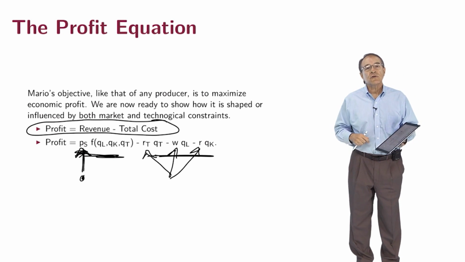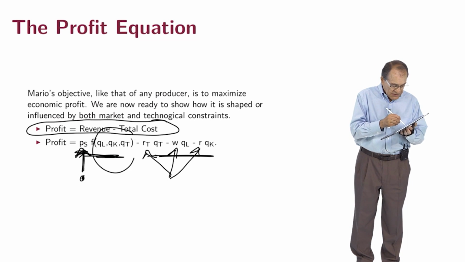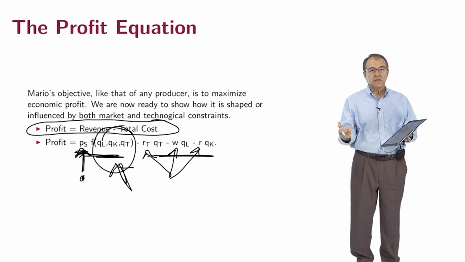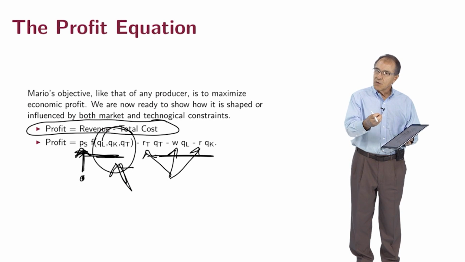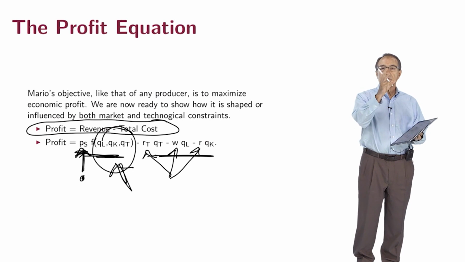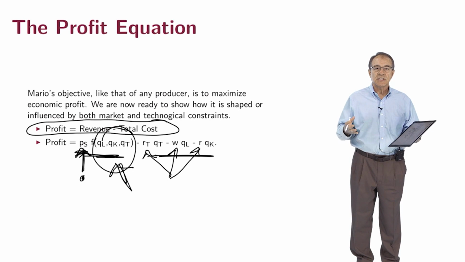Now let's look at the other important constraint that he has, and that's reflected right here in the production function. So he faces market constraints, but also technological constraints. Mario, of course, would like to have some sort of futuristic technology where he can get the maximum output of sugarcane without really using any inputs.